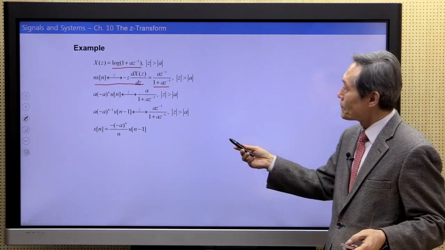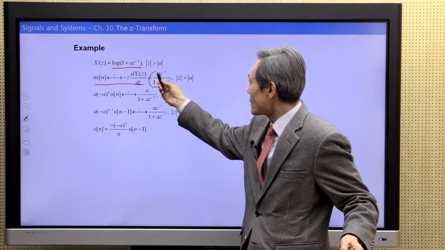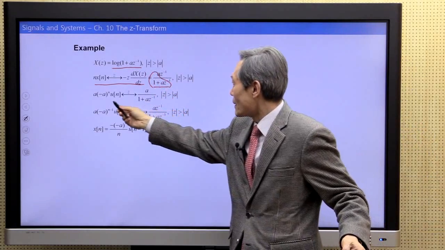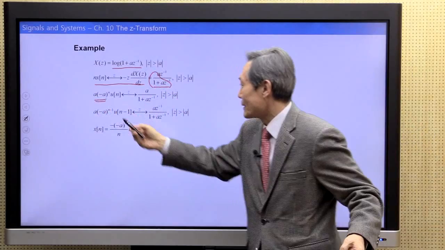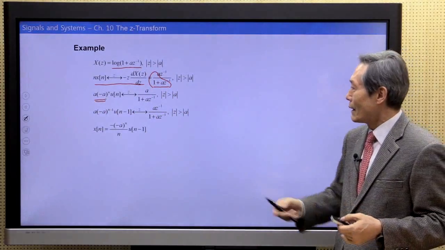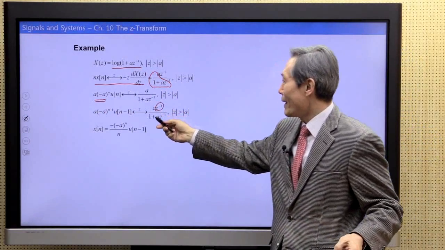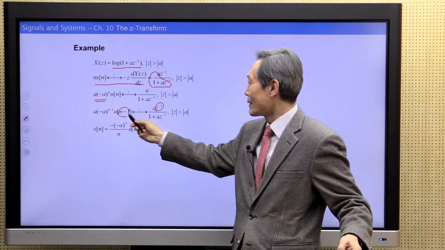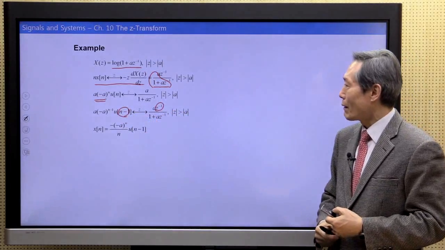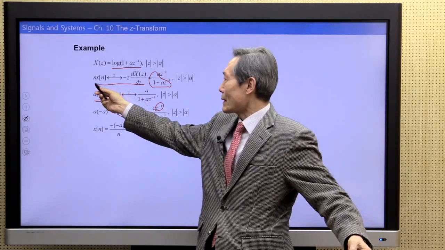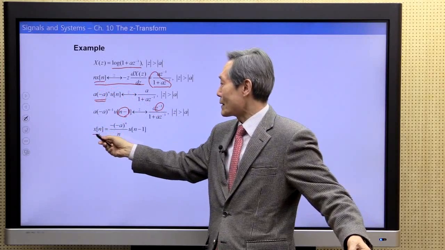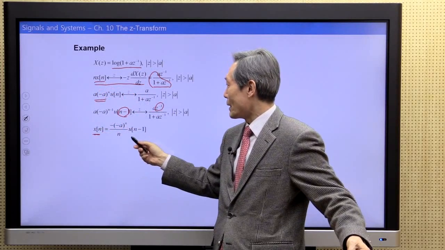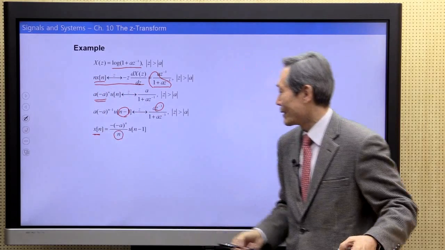And we know this one. We have that in the time domain. And this one means a delay in the time domain. And all these are about n times x[n]. So x[n] itself is obtained by dividing the result by n.